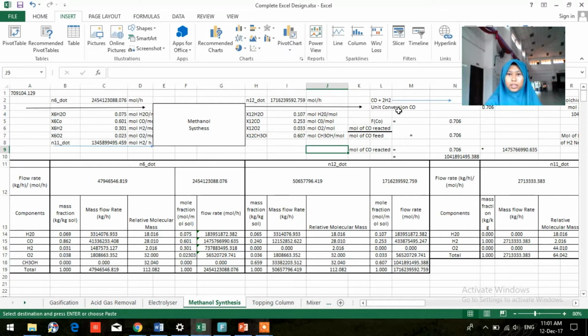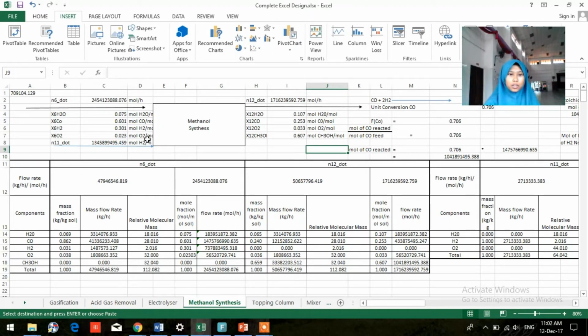From the stoichiometry, the amount of hydrogen needed to react with carbon monoxide to convert to methanol is higher.